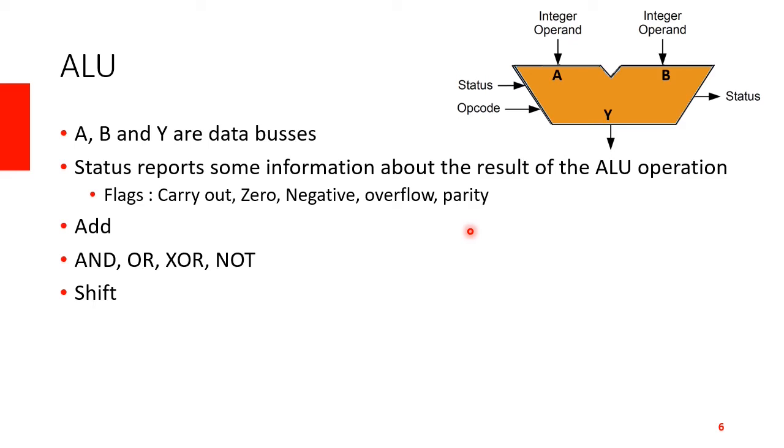Then the ALU is capable of doing bitwise operations such as AND, OR, XOR, and also NOT. For example, if you want to get the one's complement, every bit has to be flipped, so that is bitwise NOT. In addition, the ALU is capable of shifting.